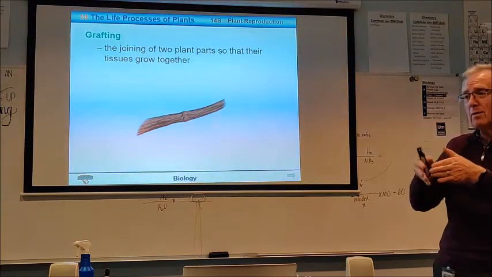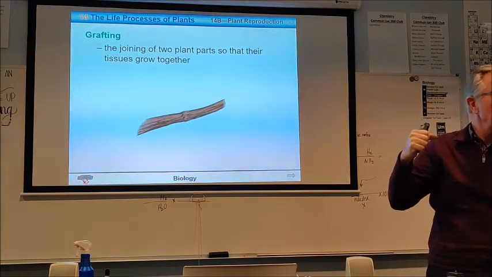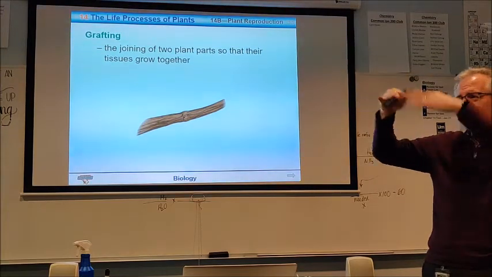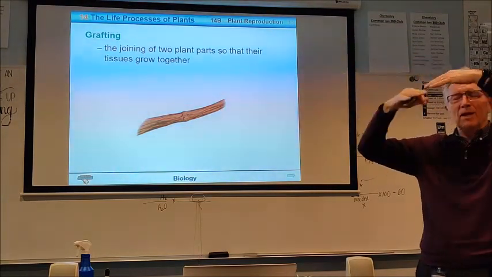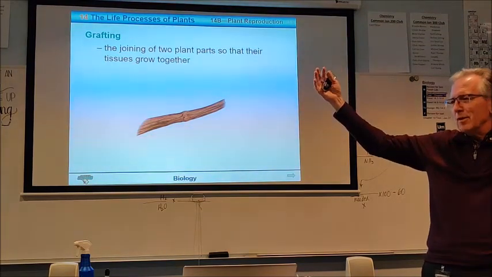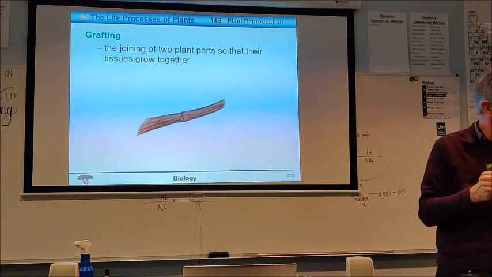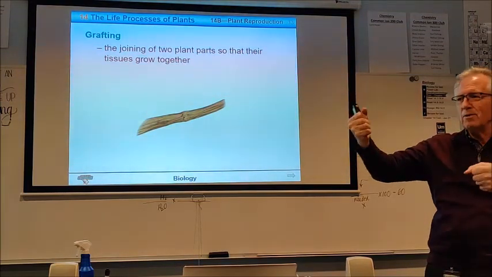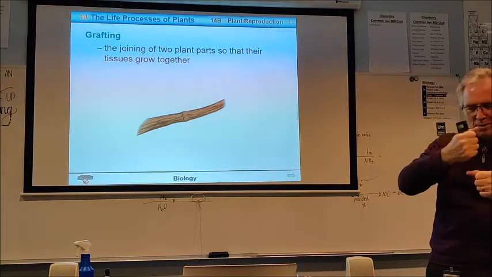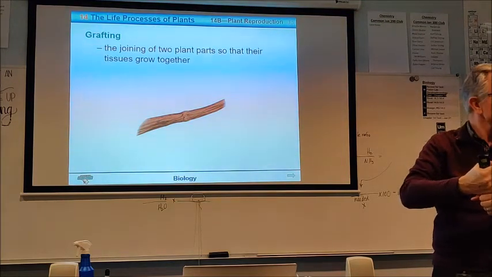And we will cut off the parts we want and put them together. So now I have the good root system of one plant and the other qualities on the other one. Maybe it makes lots of branches with lots of leaves, makes a great shade tree, for instance. But we can do it that way. So a lot of trees you buy in a nursery are that kind, where they've actually taken two varieties and put them together. We now have something with both desirable characteristics.